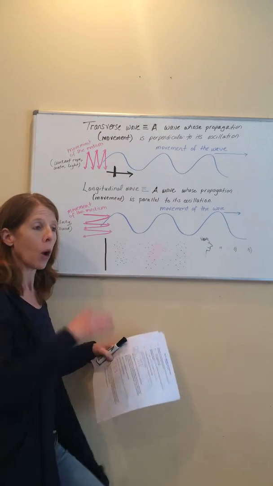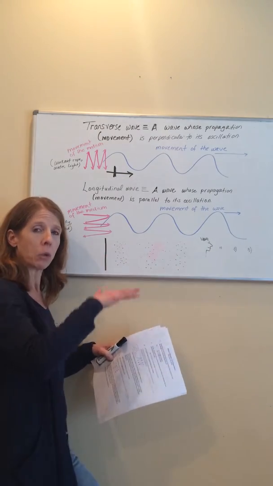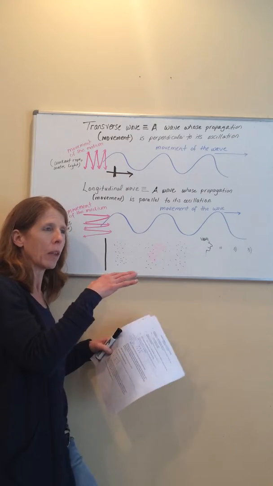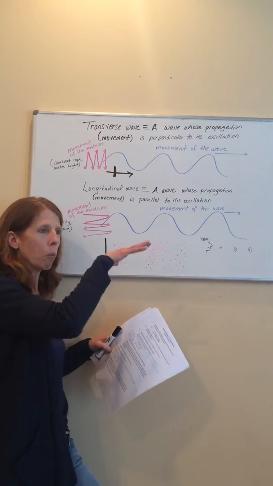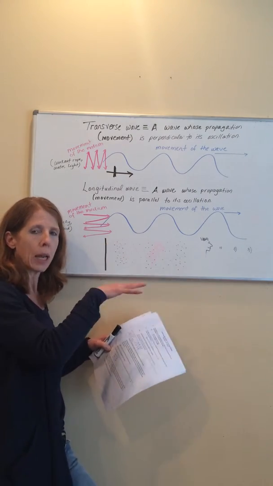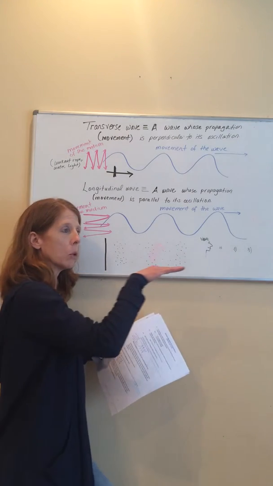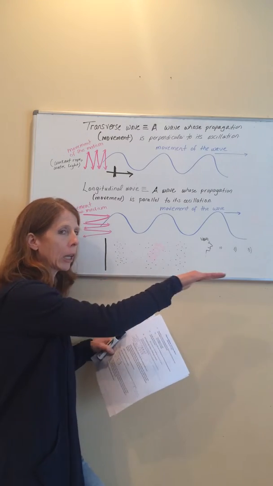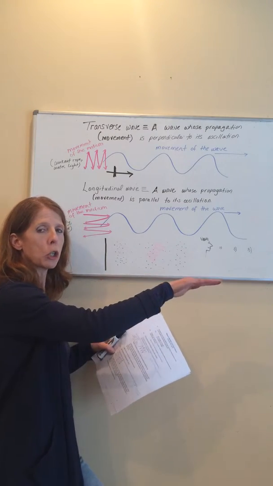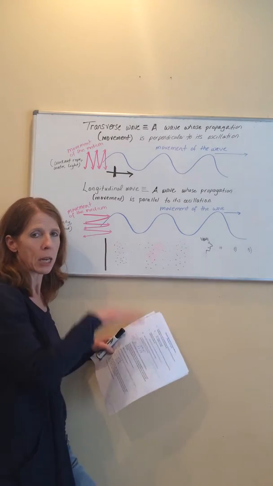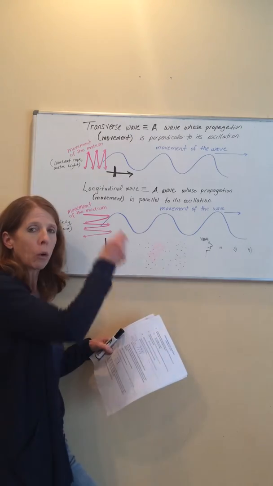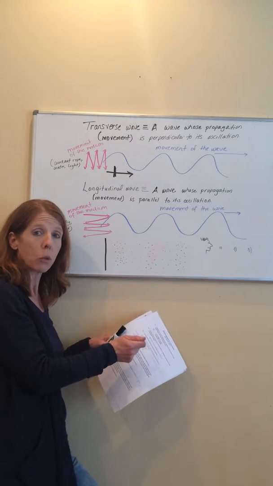Water is the same way. Water actually moves up and down, which makes sense if you're in water. You can think about it. When you have movement in water, the water moves up and down. However, when a wave is created in the water, the wave is going to move perpendicularly or transverse to the movement of your medium. Okay, so a weighted workout rope would be a transverse wave.